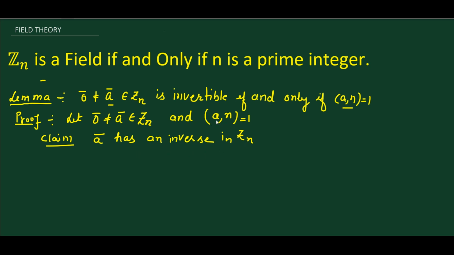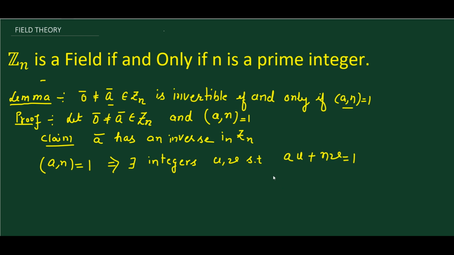We have been given that the GCD of a and n is 1. This condition implies, from number theory, that there exist integers u and v such that a times u plus n times v is equal to 1.